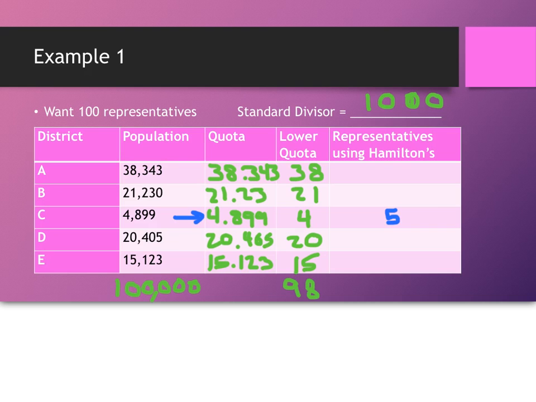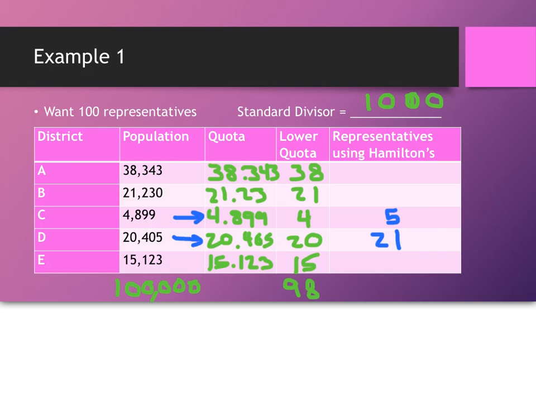So we need to add one more. And the next highest quota, let's see, 0.3, 0.2, that's 0.4, 0.6, is D. So the next highest would get an additional representative to make District D's number of representatives 21.